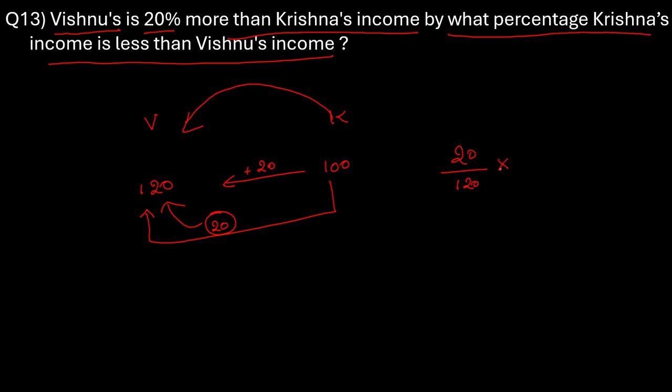To convert this into percentage, I am going to multiply with 100. So 20 ones are 20, 20 sixes are 120. 100 by 6, that is equal to 16 2 by 3%. I think everyone is clear. Krishna's income is 20 less upon 120 rupees. Right. Okay. This is the end of the session, guys.